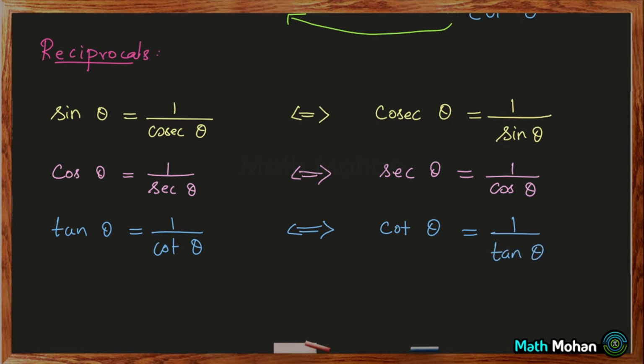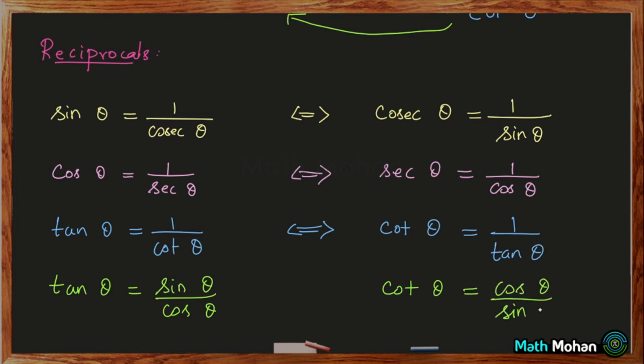One more conversion is that tan theta can be written in terms of sine and cos, that is sine theta by cos theta, and cot theta can be written as cos theta by sine theta.